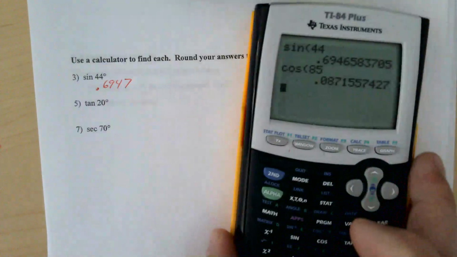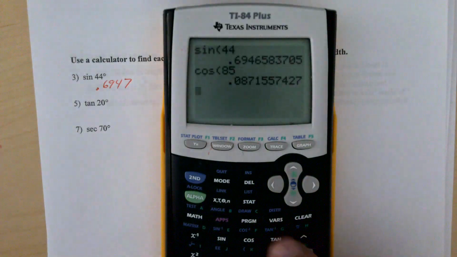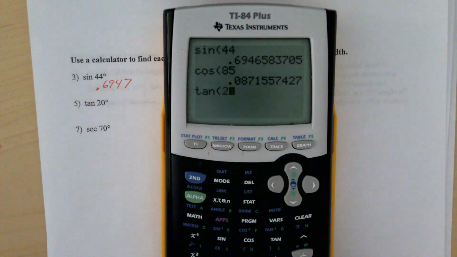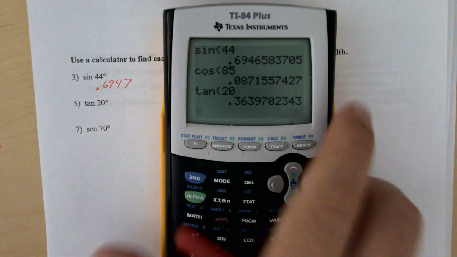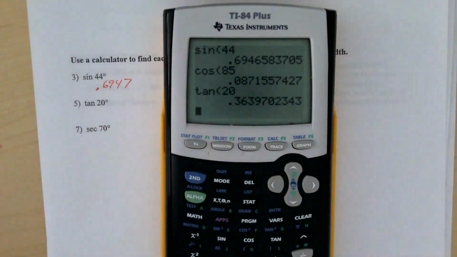Okay, so then we go to tan. So tan of a 20-degree angle. Again, 20 degrees is a small angle. So when I'm comparing the opposite, my opposite side is going to be a lot smaller than my adjacent side. So it should make sense that we are getting a pretty small number. A small number over a bigger number.